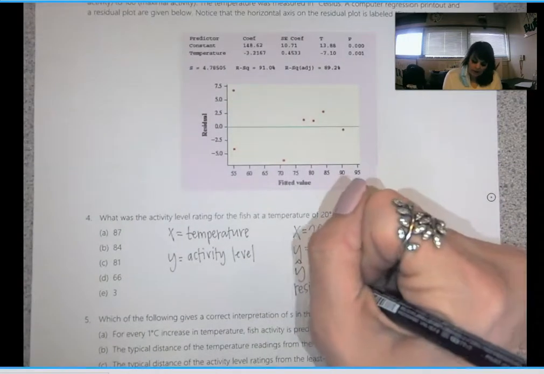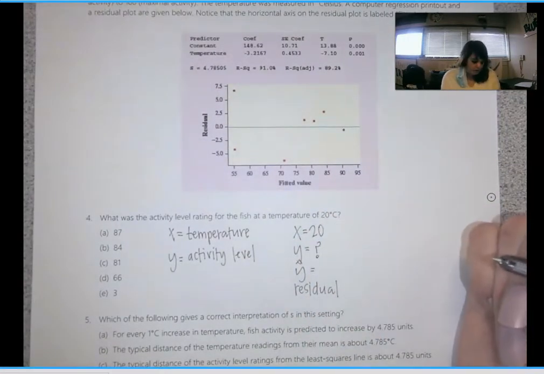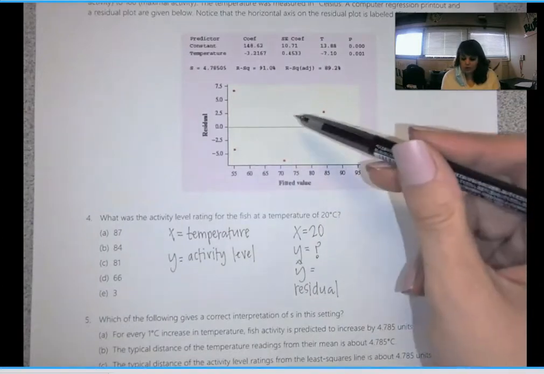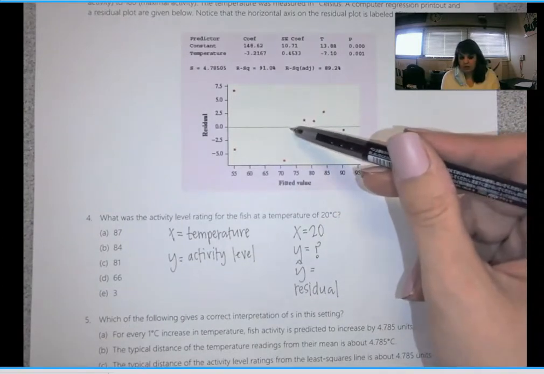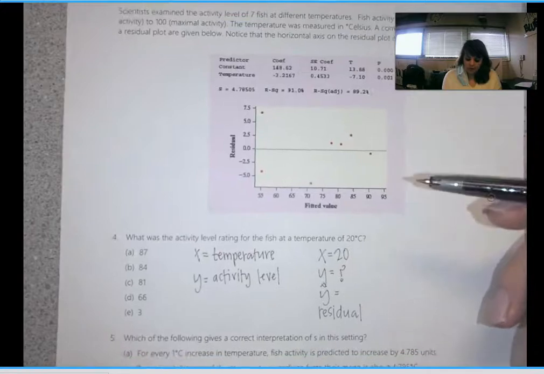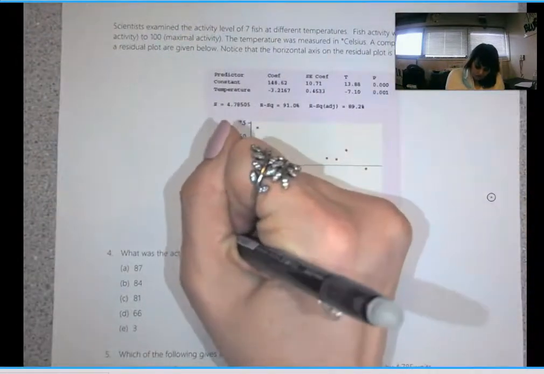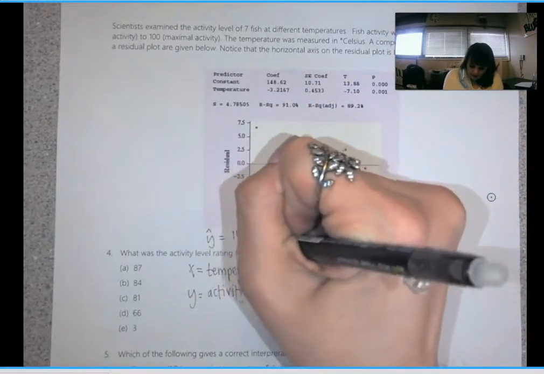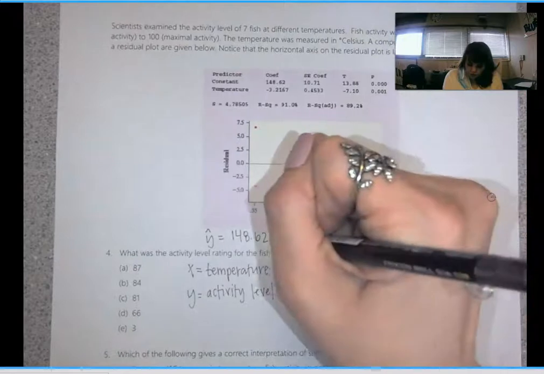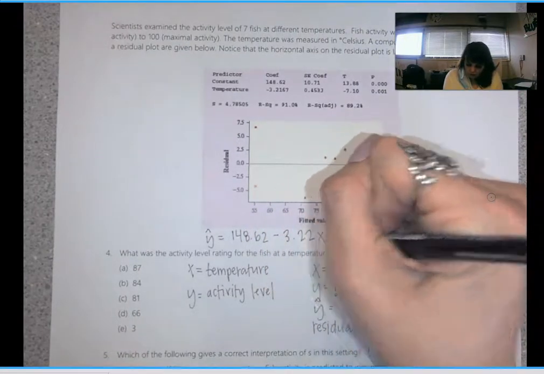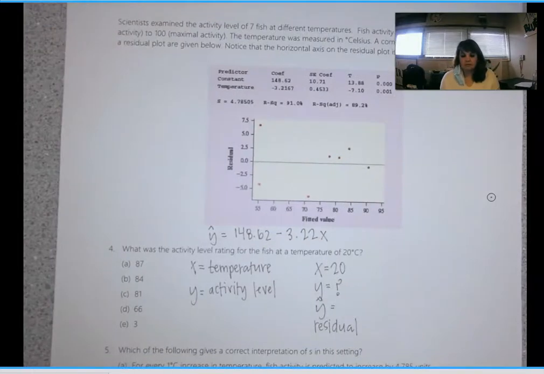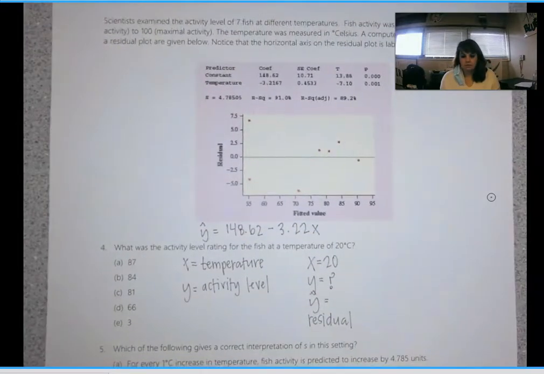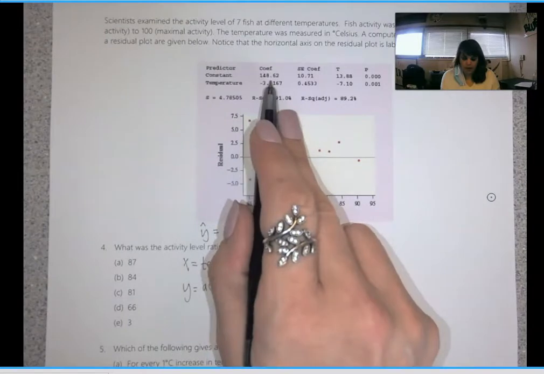So I can calculate y hat. I have to use the regression equation. That regression equation is 148.62 subtract 3.22x. I'm getting that from my computer output up here.